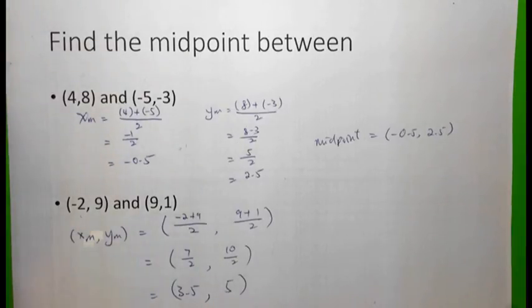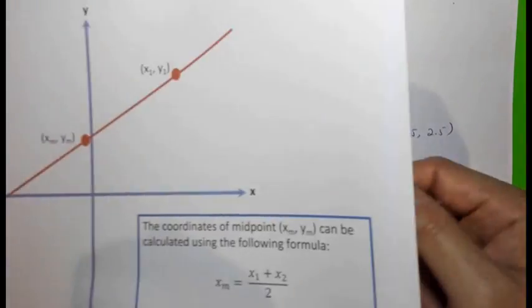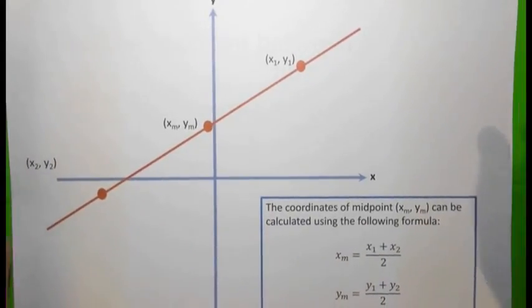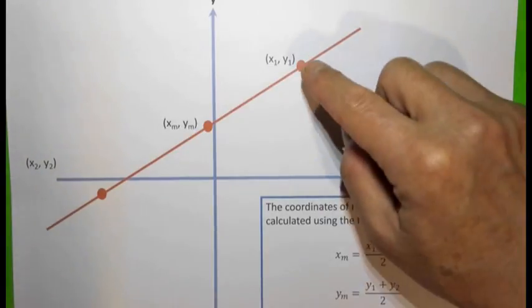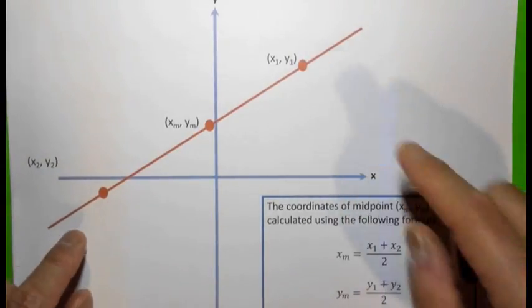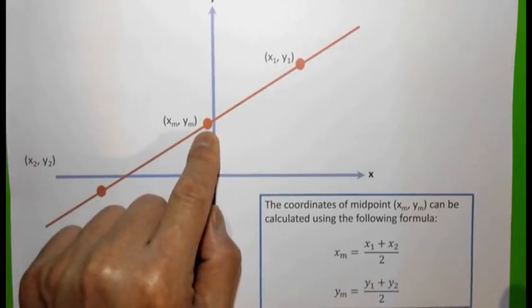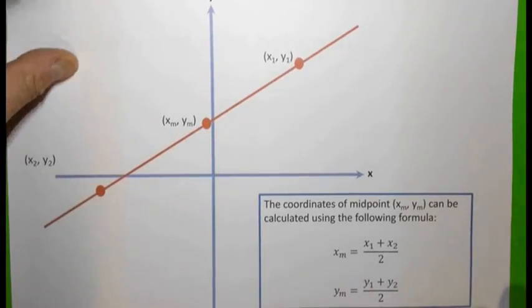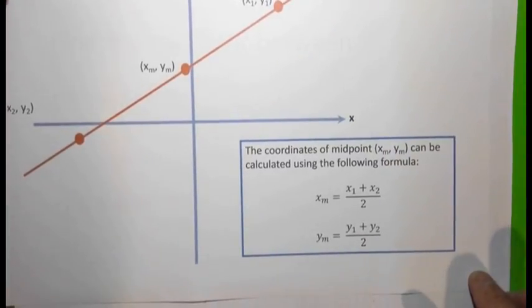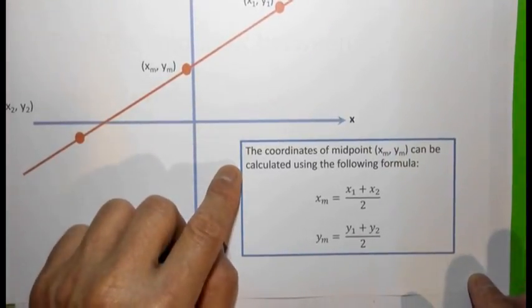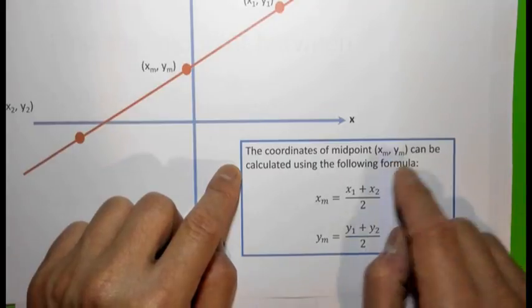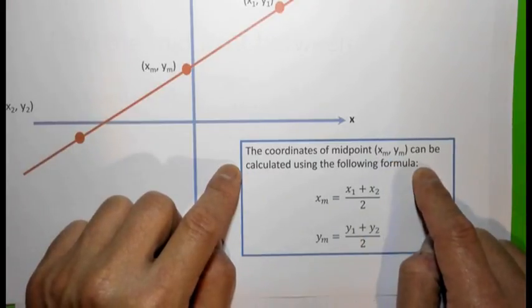Now, let's look at the general formula for how to work out midpoint. So if you are given x1, y1, x2, y2, and we need to find the midpoint xm, ym, what we can do is use this formula here. The coordinates of midpoint xm, ym can be calculated using the following formula.